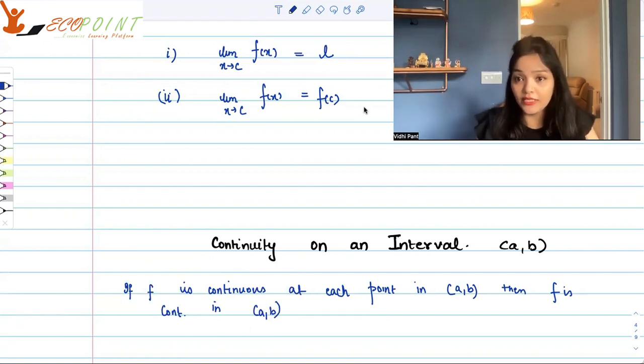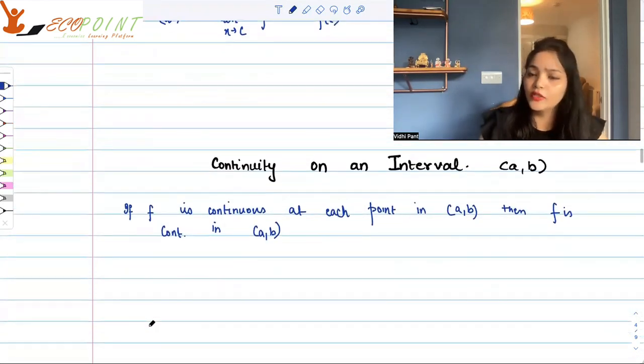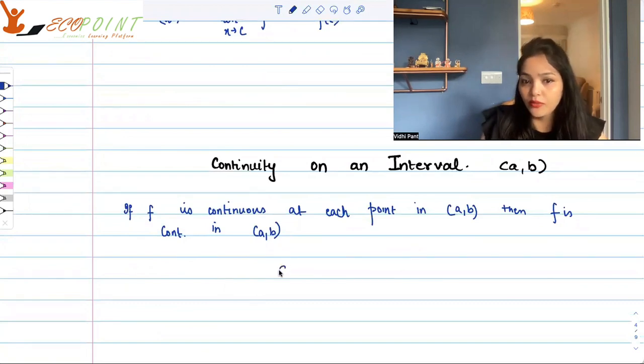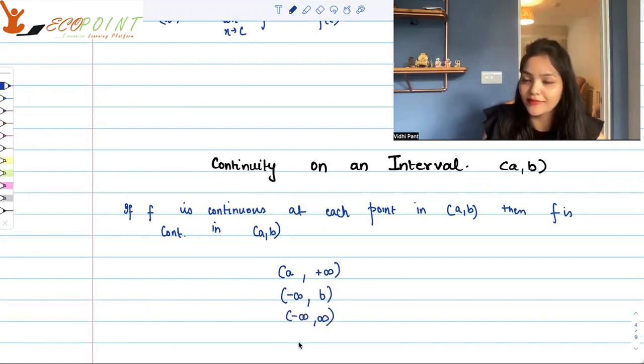They could be infinity, or some finite number. So the same definition will be applied in case it's the interval a to plus infinity, in case it is the interval minus infinity to b, or in case the interval is minus infinity to infinity.